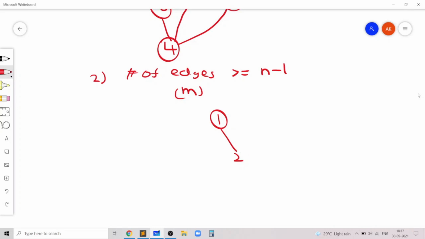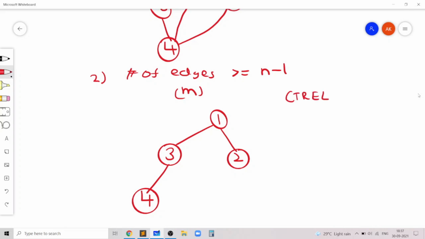So if we consider a tree with 4 nodes, then a tree contains 3 edges and it contains the minimum number of edges. So we are utilizing the property of a tree that a tree contains the minimum number of edges to keep the graph connected. And since a tree contains n minus 1 edges, we know that m should be greater than or equal to n minus 1.